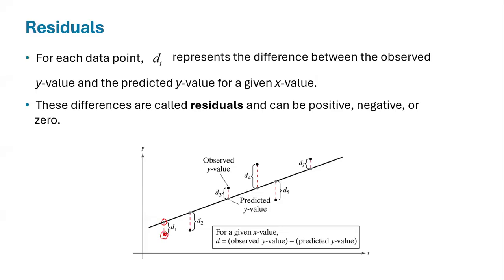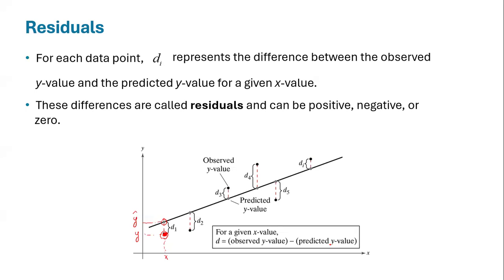For example, in this coordinate plane, if this is one x value, there is a y value for that x value, represented by the observed point, and there is another y value, which is called the predicted y value. The difference between these two y values is called d. So d is the difference between the observed y value from the point and the predicted y value.